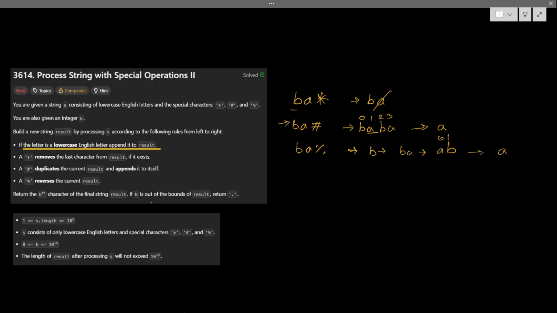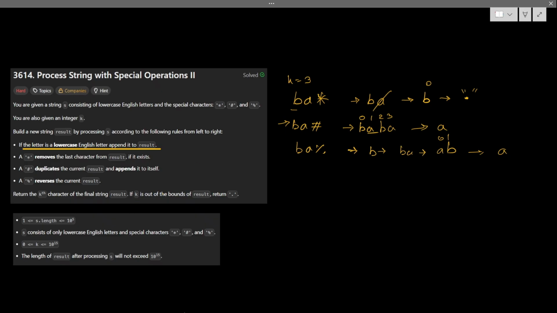And if k is out of bound, return a dot. Say k equals 3, but the final output is just b, so only one character is present. Here k equals 3 is out of bound, so in that case return a period or dot symbol.